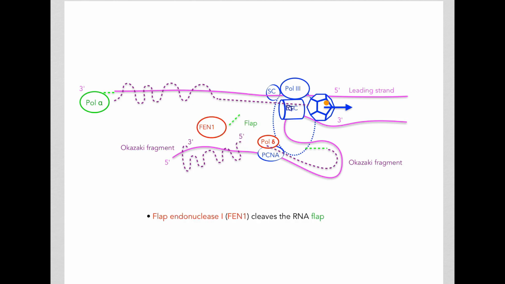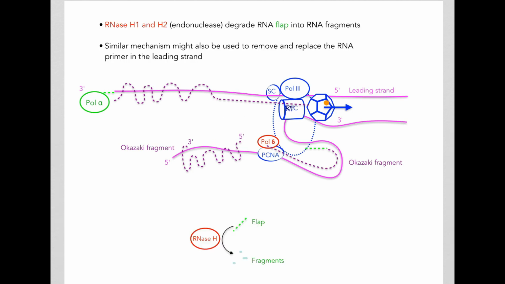Another enzyme called flap endonuclease 1, or FEN1, will then cleave this RNA flap. Then the enzymes RNase H1 and H2, these are endonucleases, will degrade the RNA into smaller RNA fragments. A similar mechanism might also occur here on the leading strand.